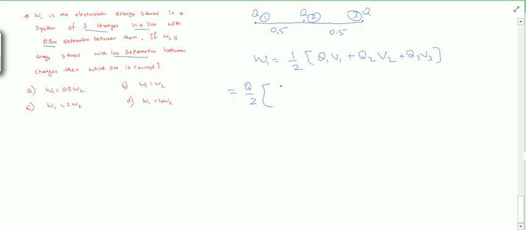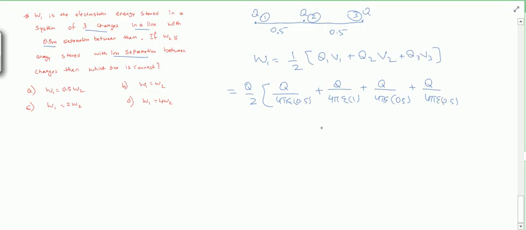What is the formula? Q by 4 pi epsilon naught R. For the second charge the distance is 0.5, and for the third charge the distance is 0.5 plus 0.5, that is 1, right? Similarly for V2, the potential due to the first charge and third charge, the distance from both charges is 0.5.